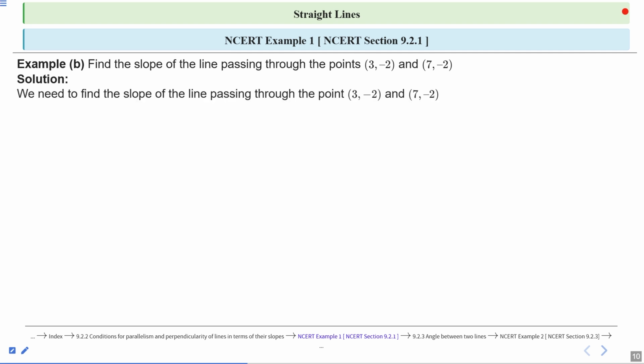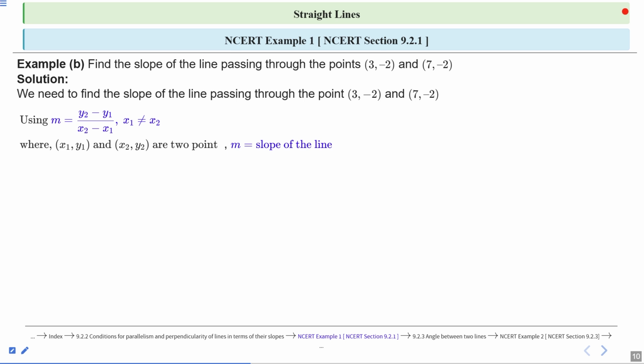Here we need to find the slope of the line passing through the points (3, -2) and (7, -2). Using the formula m equals (y2 minus y1) divided by (x2 minus x1), where x1 is not equal to x2, where (x1, y1) and (x2, y2) are two points of the line and m is the slope of the line.